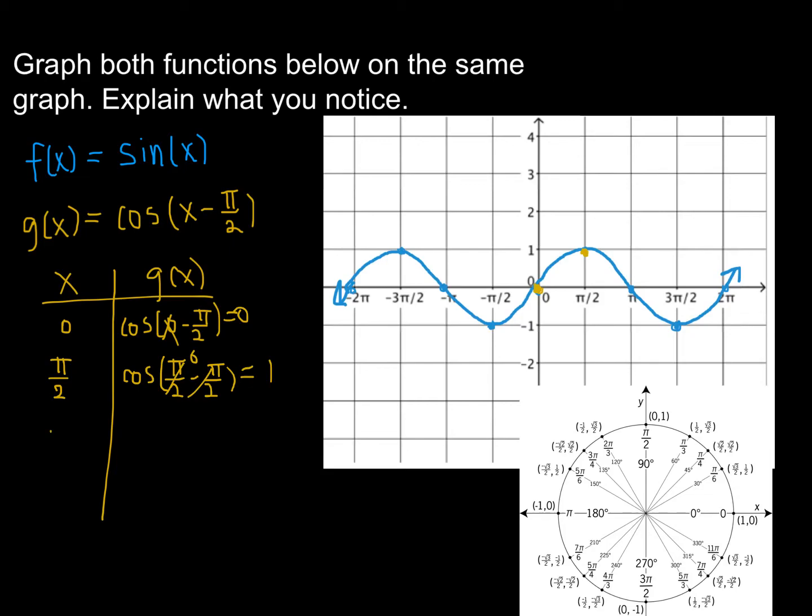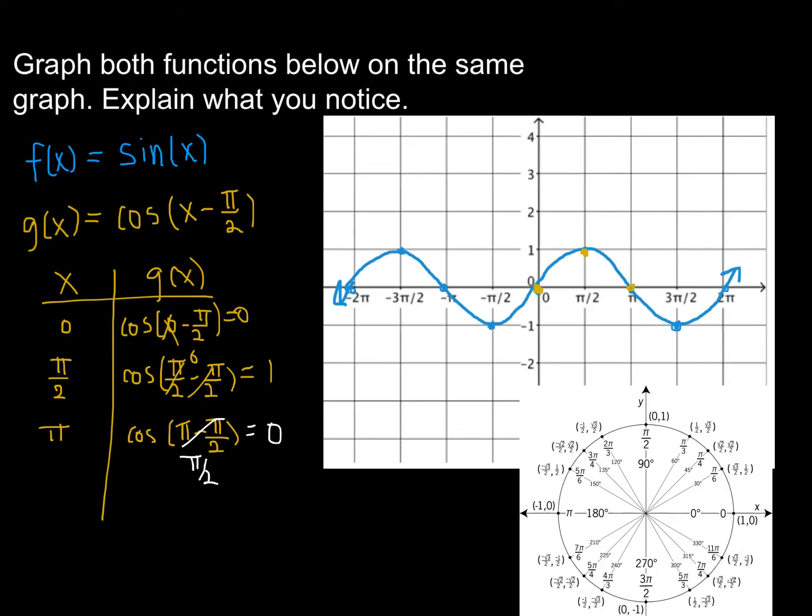Let's try pi. Cosine of pi minus pi over 2. Well, pi minus half of pi, this is pi over 2, right? You can do that off to the side if you don't believe me. And cosine of pi over 2 is 0.